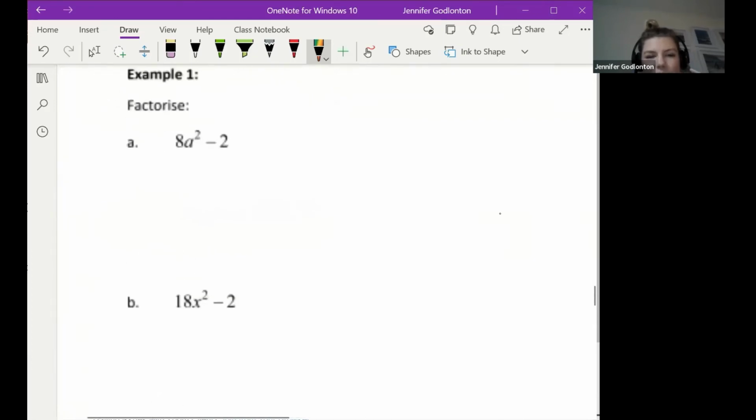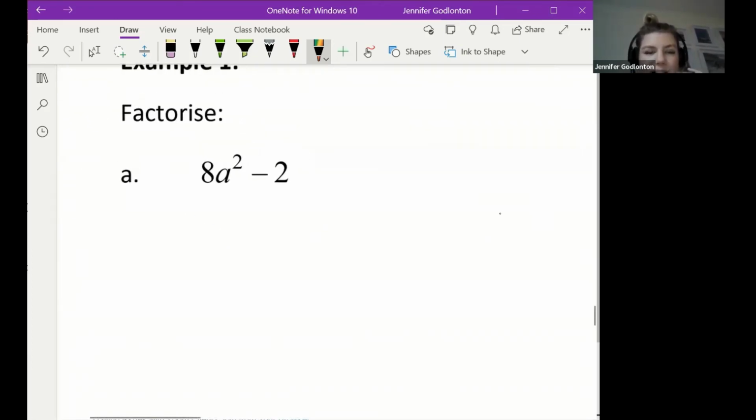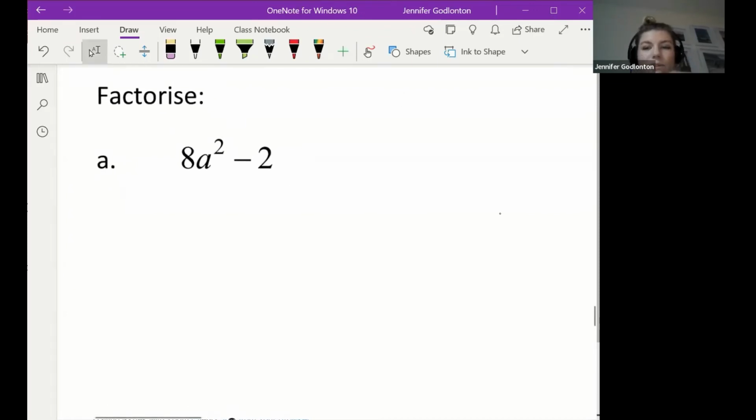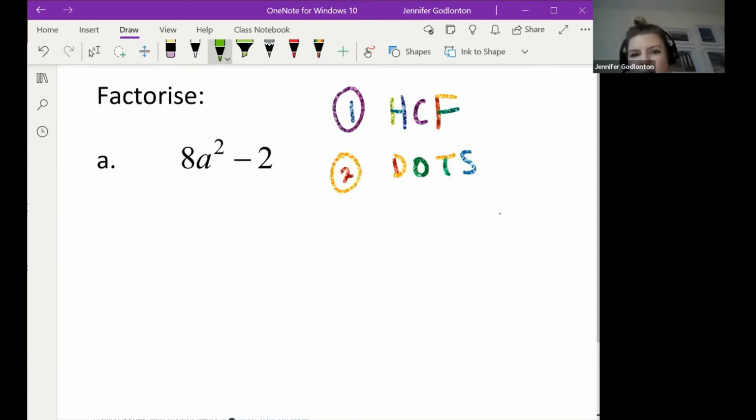I want you to think about something I spoke about right at the beginning: the different types of factorizing, and how the first thing we always have to look at is, is there a highest common factor? Then we can say, is there a difference of 2 squares situation? So if we're looking at this question, is there a highest common factor, and what is it?